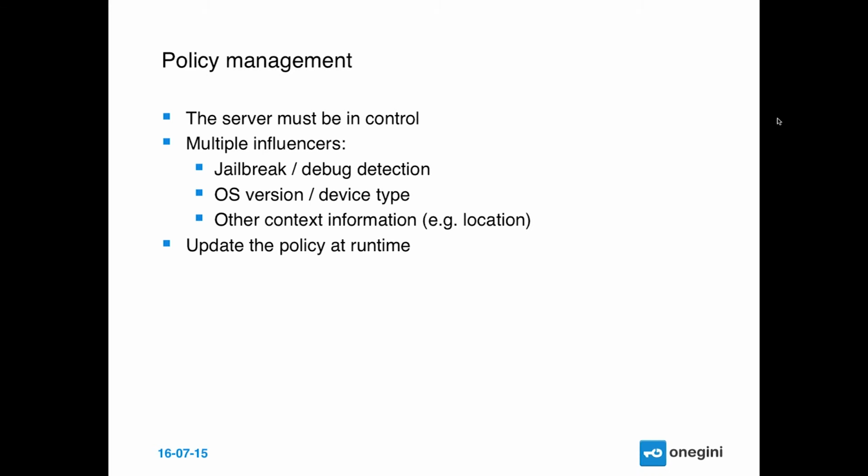Jailbreak detection is a really important one, because what a jailbreak basically does is remove the normal sandbox that an application is running in. So when a device is jailbroken, you can bypass that normal sandbox, and other applications can access processes and data which they normally cannot access. So a jailbroken device is very, very risky. Also, debug detection is something which we leverage, and it's important because you basically want to keep attackers out.